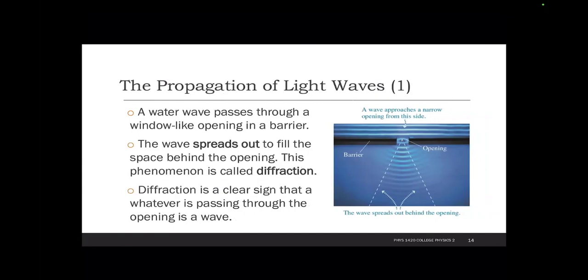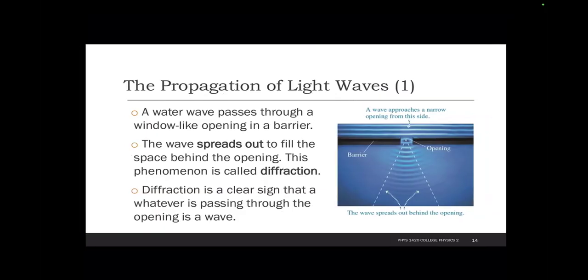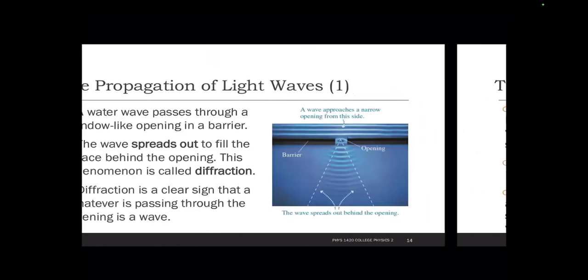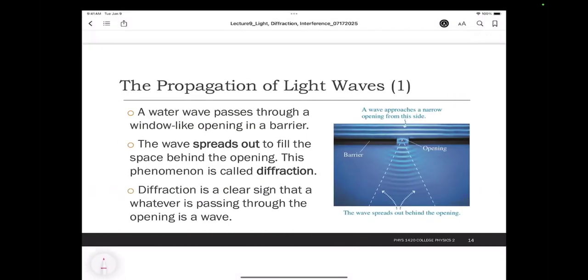Okay, today let's first talk about the propagation of light waves. You can see a water wave passes through a window-like opening in a barrier, and the wave spreads out to fill the space behind the opening.